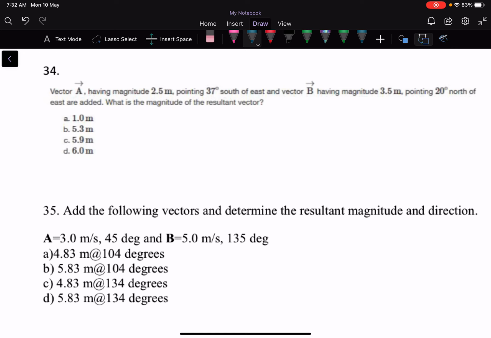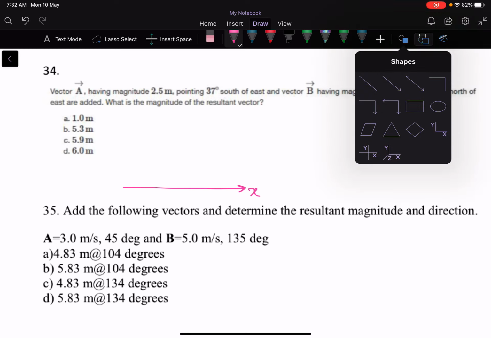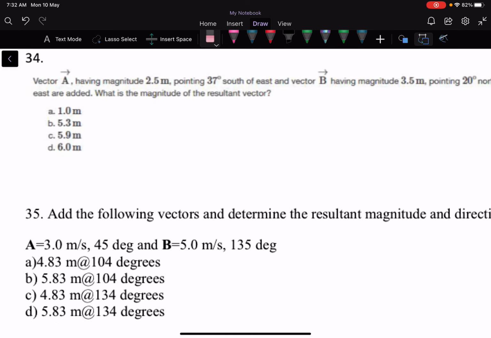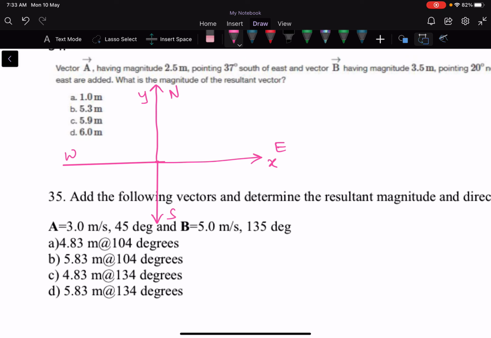Vector A having magnitude 2.5 meters pointing 37 degrees south of east. I'm drawing an x-axis here and y-axis. X-axis is nothing but east, and the other direction is west, north is up. Downward is nothing but south.